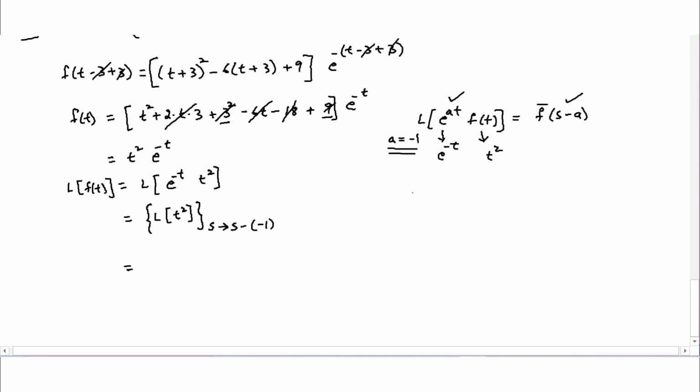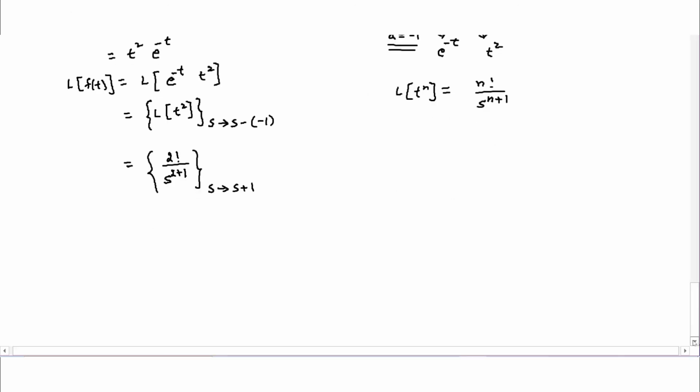Now we need to find the Laplace transform of t power of n. We know the Laplace transform of t power of n is n factorial divided by s power of n plus 1. Here the n value is 2, so 2 factorial divided by s power of 2 plus 1, and the value of s is shifted to s minus of minus, which becomes s plus 1.